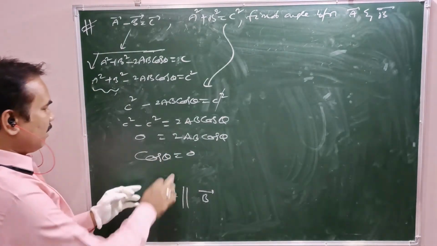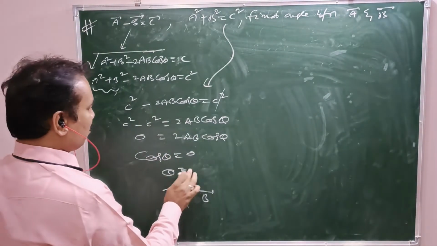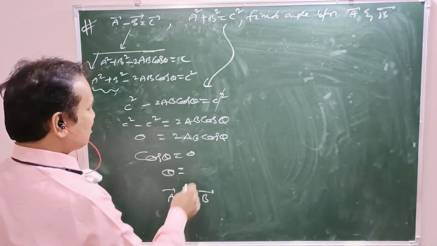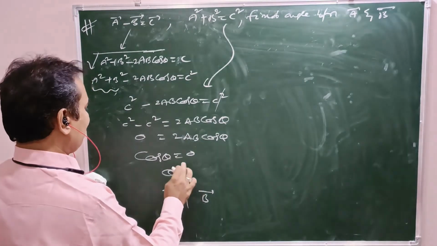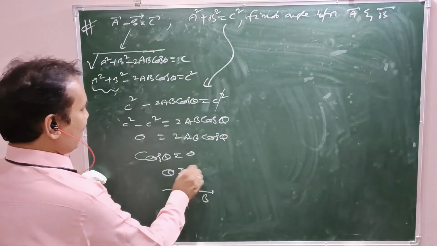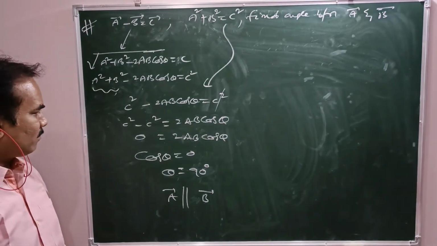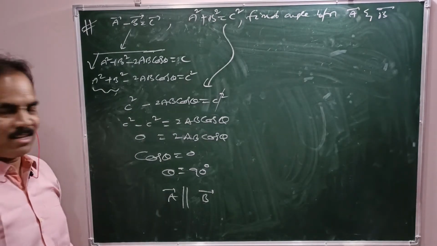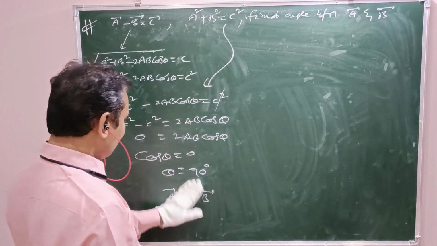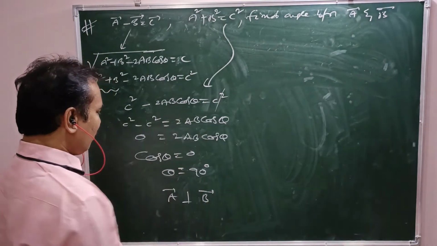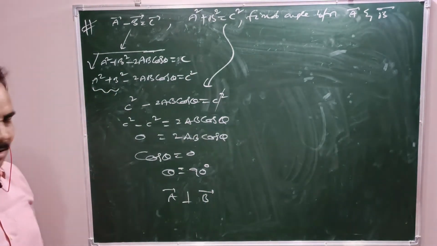Right? Cos theta 0 means theta is 90 degrees. That is A bar perpendicular to B bar.